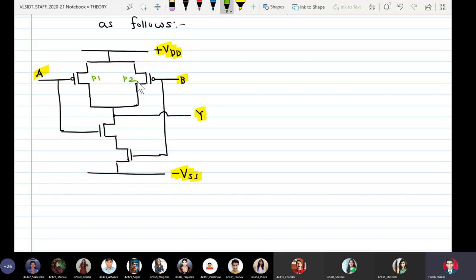P1 parallel P2, N1 series N2. We will only consider the pull down network, and we'll zoom it now.